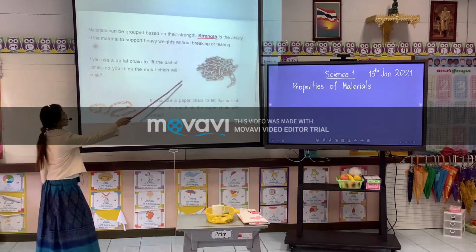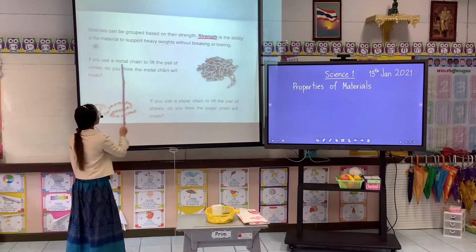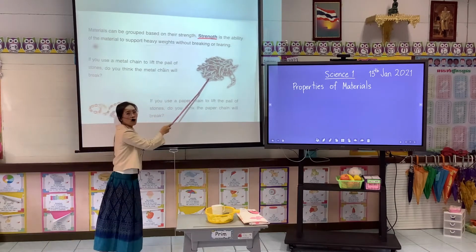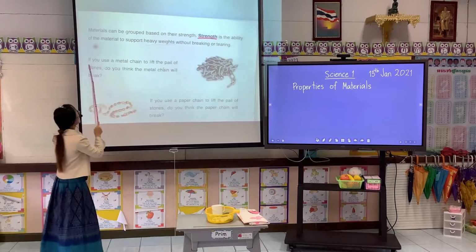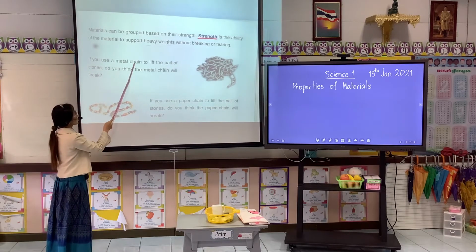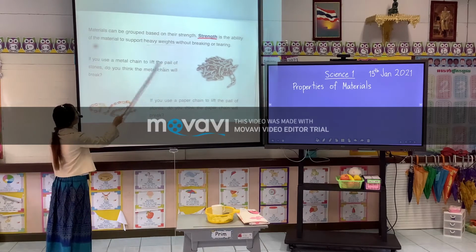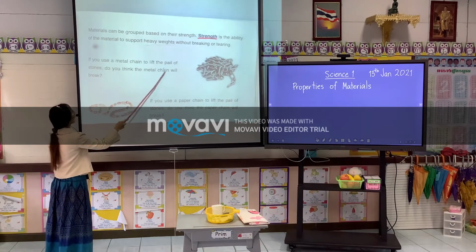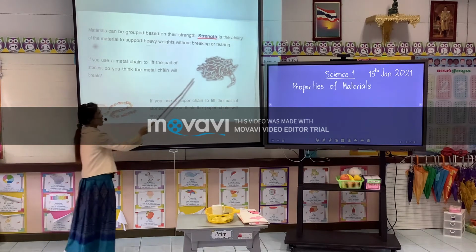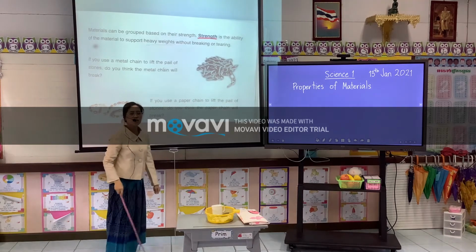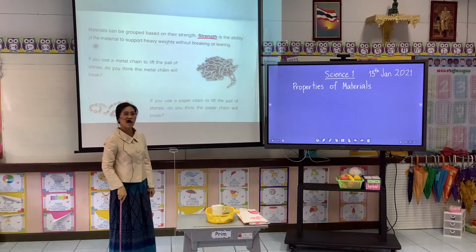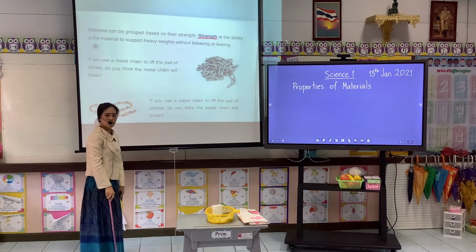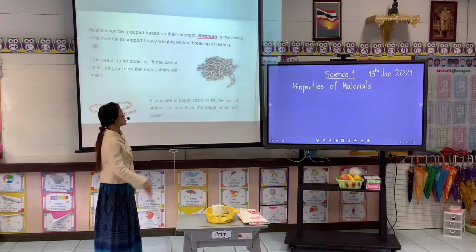Here we have a metal chain. This chain is made up of metal. If you use a metal chain to lift the pail of stones, do you think the metal chain will break? This metal chain is very strong. It can carry heavy things.